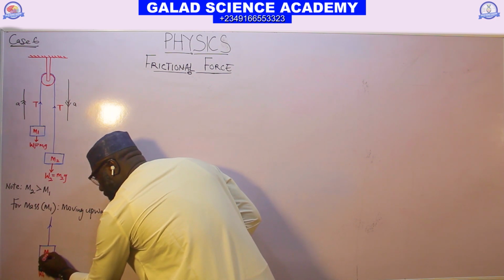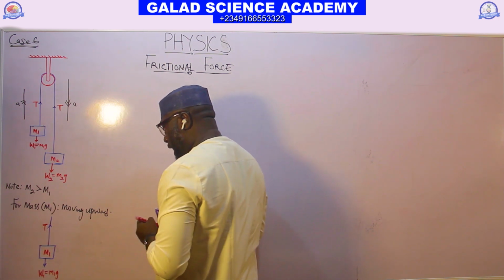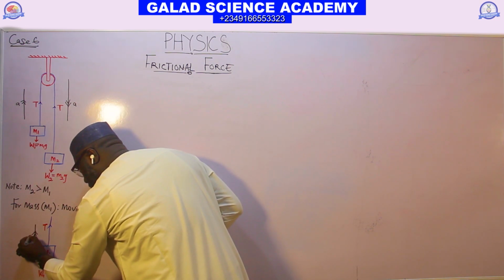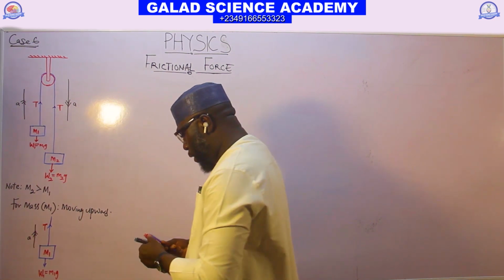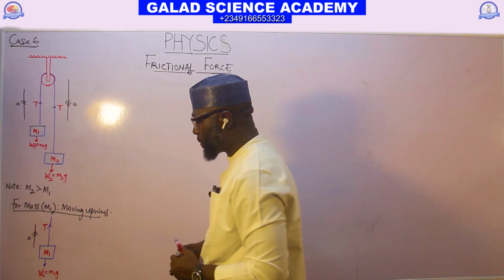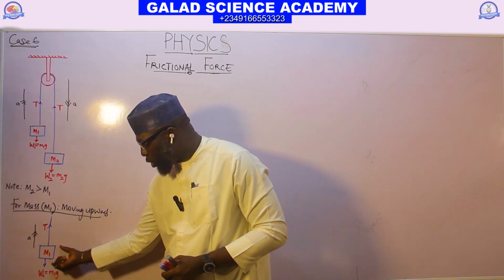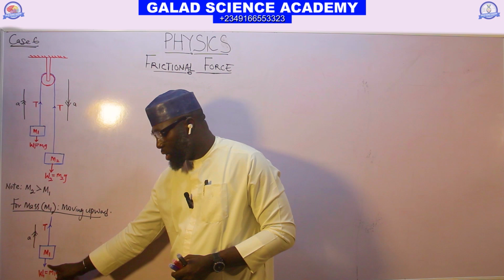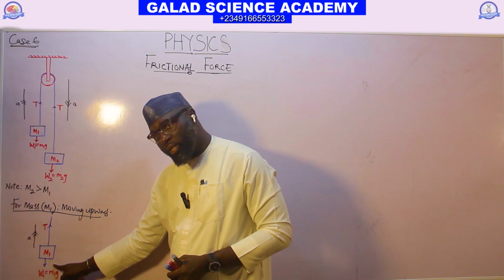Here we have mass M1, and in this place we have tension T. Don't forget that the body is moving up with acceleration. Now we have two forces acting on mass M1, tension and weight. The body is moving up, so the tension is more than the weight.